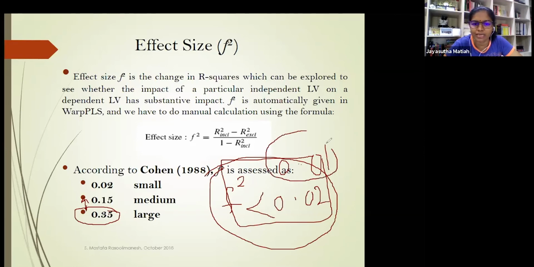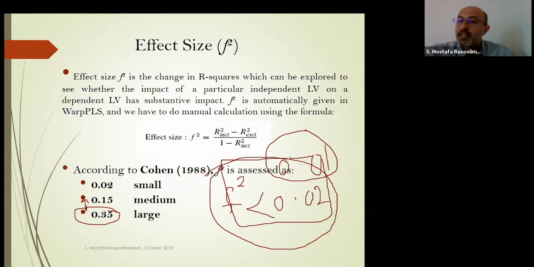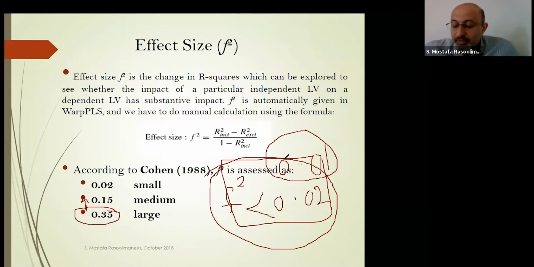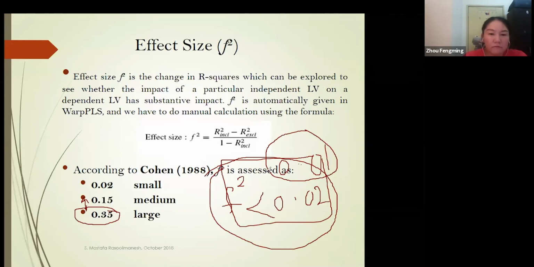That means we have to reject, because even if the path coefficient is significant, the effect size is very small. What is the meaning of very small effect size? There is no impact of that particular predictor on y. Yes, it's correct. So the contribution of this construct on R square of the dependent variable is very low, about 1%.